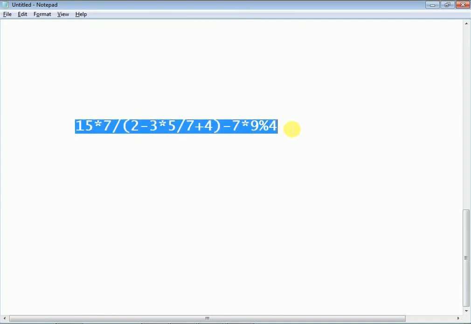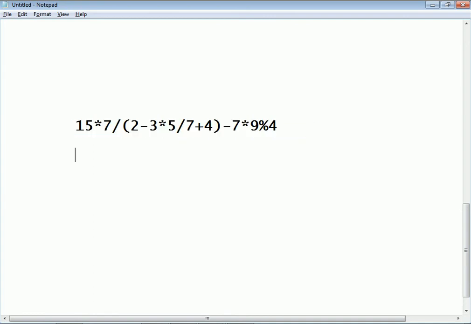First, the parenthesis value will be evaluated. What is this parenthesis value? We will take it separately and calculate. In this, 2 minus 3 into 5 by 7 plus 4. How many operators are there?